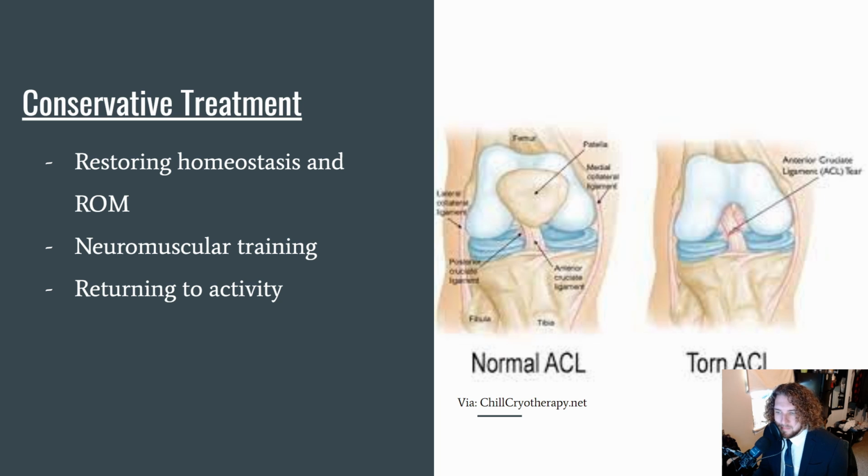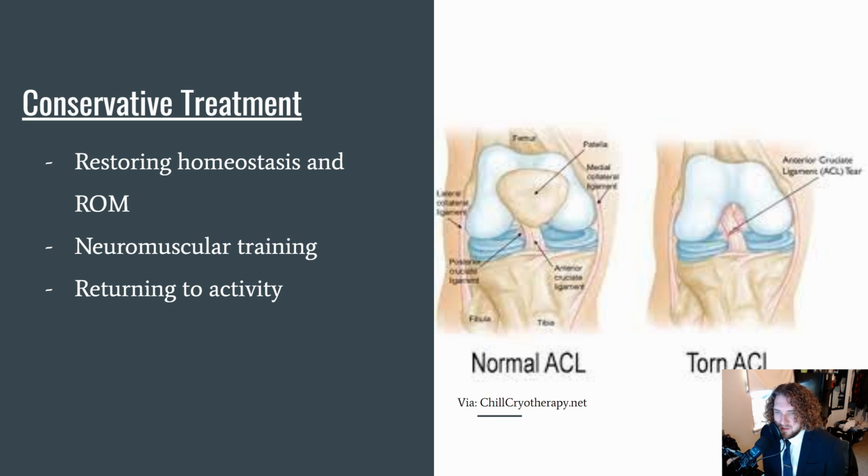The primary goal immediately after your injury is restoring homeostasis and range of motion to the knee. What this means is restoring the muscle strength, restoring the range of motion, getting mostly back to what you had before an ACL injury.